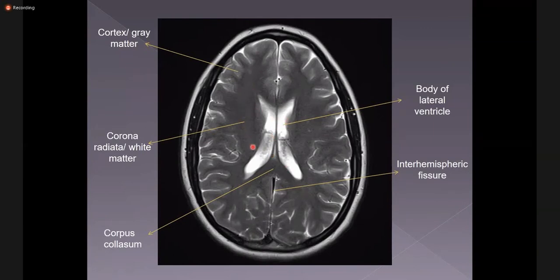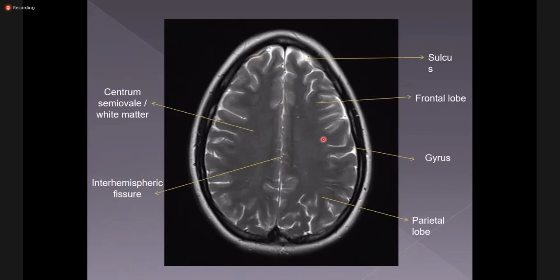This is the white matter at the level of the body of the lateral ventricle, and below it is known as corona radiata, or deep white matter, and the cortex is this gray-white line. When we don't see any ventricle, the white matter is known as centrum semiovale.